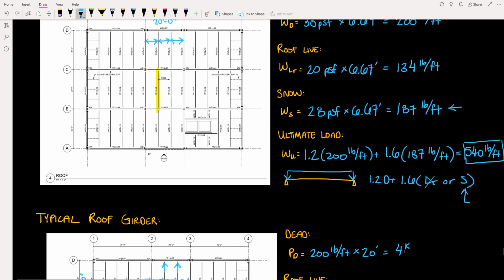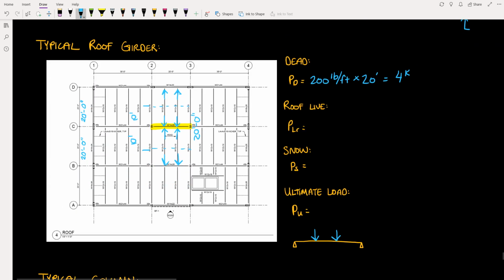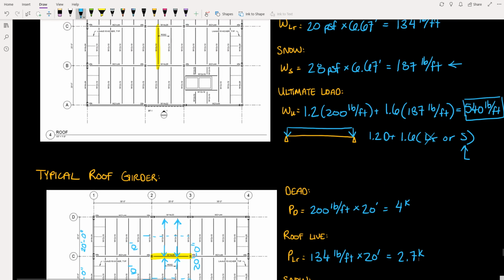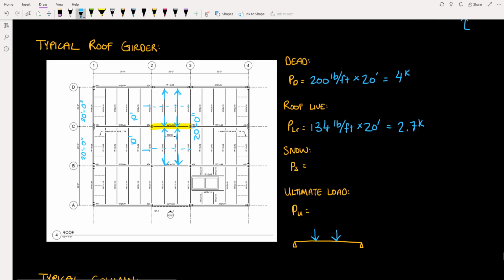Next for roof live, we had 134 pounds per foot times 20 feet. That gives us 2.7 kips. Snow, 187 pounds per foot times 20 feet. That gives us 3.8 kips.